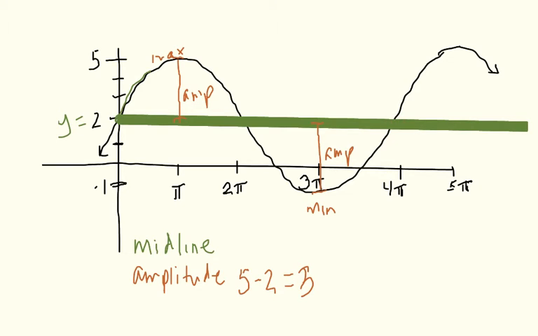How wide that cycle is, we call period. So this distance from here all the way back to where the cycle started is what we call one period. So this is one cycle, and the width of the cycle is what we call period.